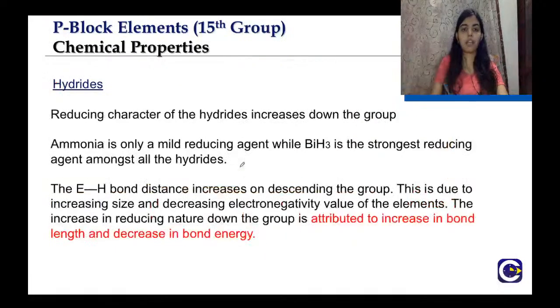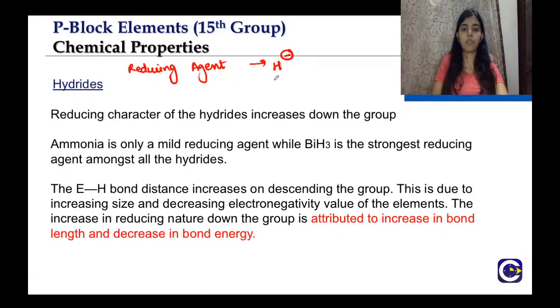So, the reducing character of the hydrides increases down the group. What is a reducing agent? It is basically one which delivers H minus.